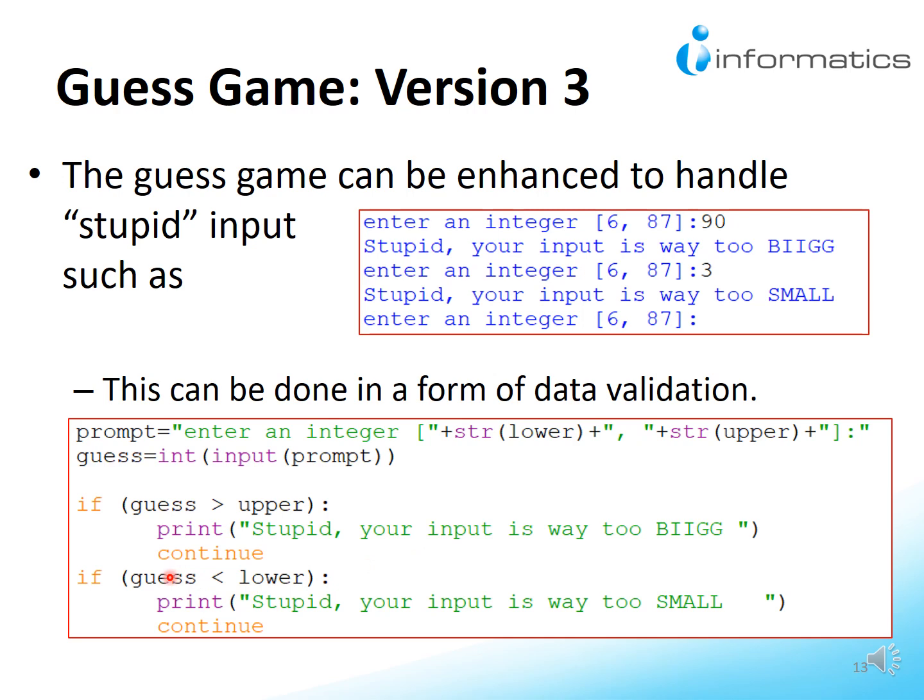And similarly, if the guess is less than the lower bound, we should also scold the user. And after that, we use the keyword continue to skip the decision and go into the next iteration again. So essentially, just ignore this stupid input.